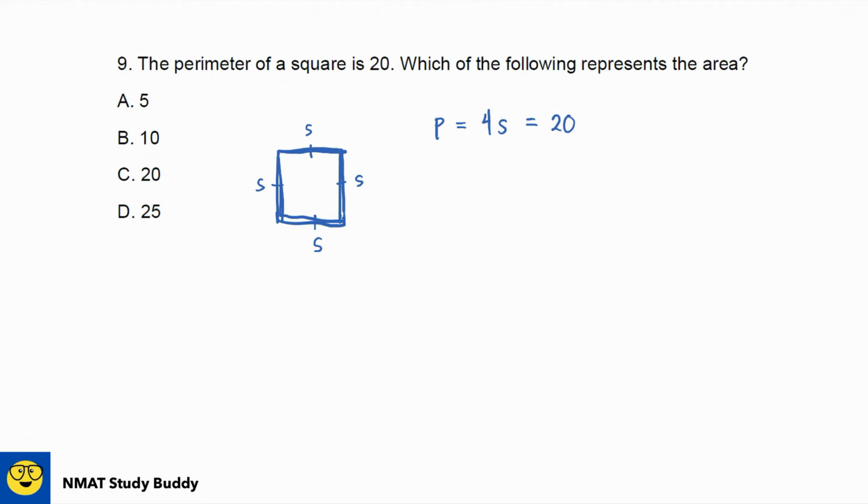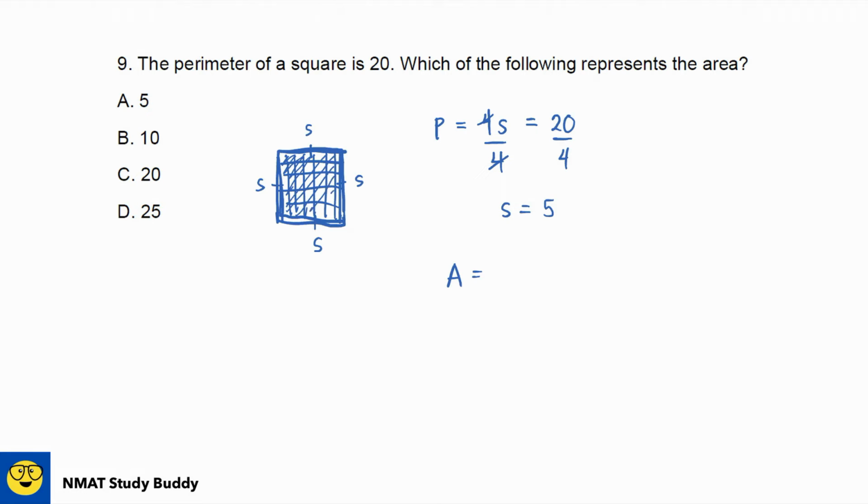So, we need to divide 20 by 4 para makuha natin yung measurement nung isang side. So, 20 divided by 4 is 5. So, alam natin na yung side is equal to 5 units. And then, pag sinabi namang area ng square, yun yung number of unit square na nasa loob ng square.